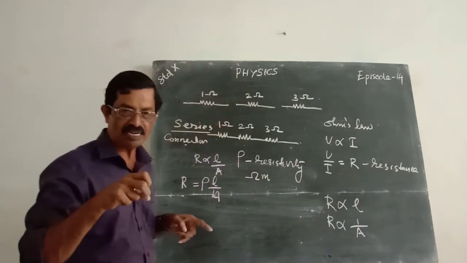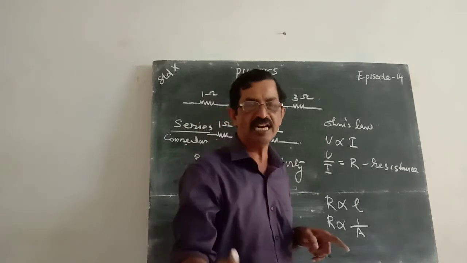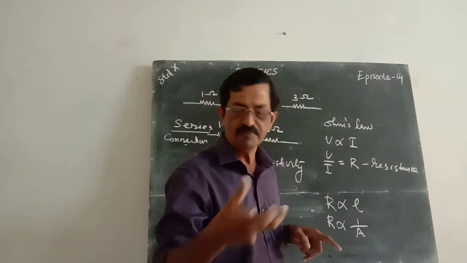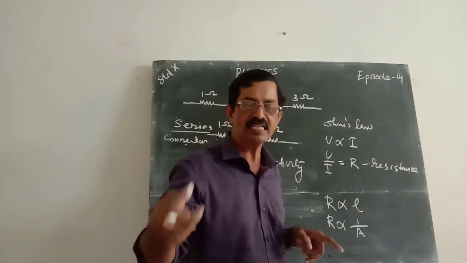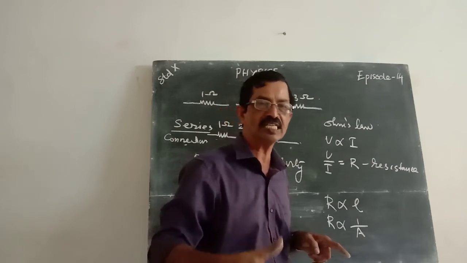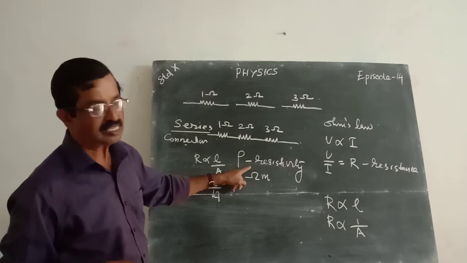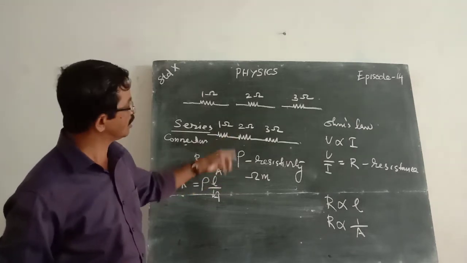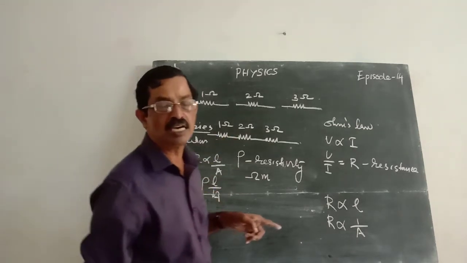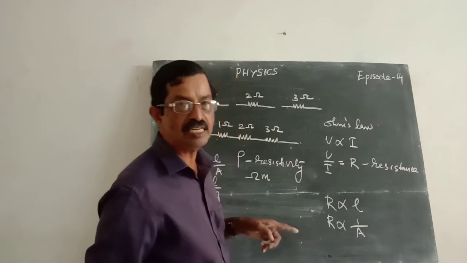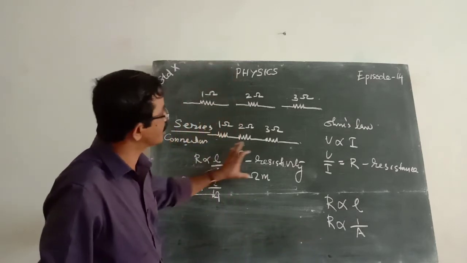But remember, resistivity for a material is the same even if its length or thickness changes. Resistivity does not change if the temperature remains the same. We also discussed metals with low resistivity and insulators with high resistivity.